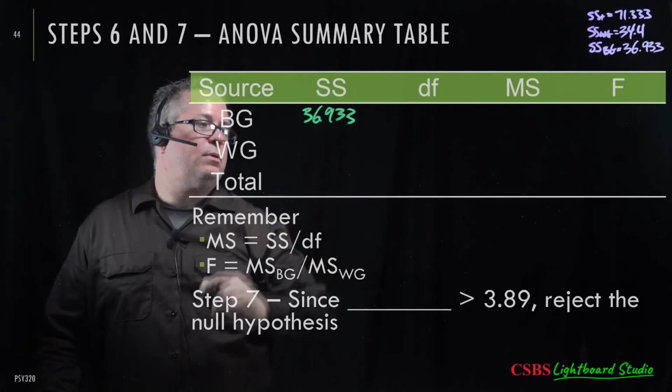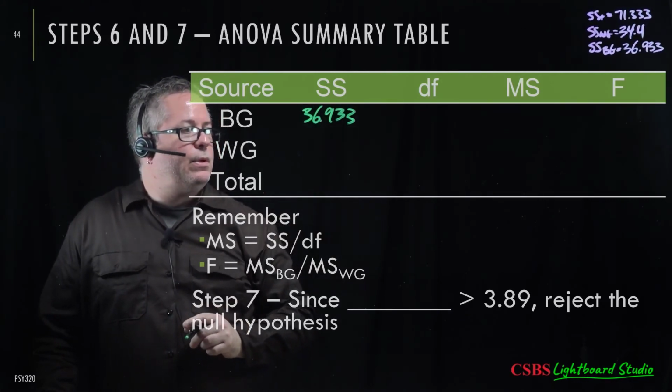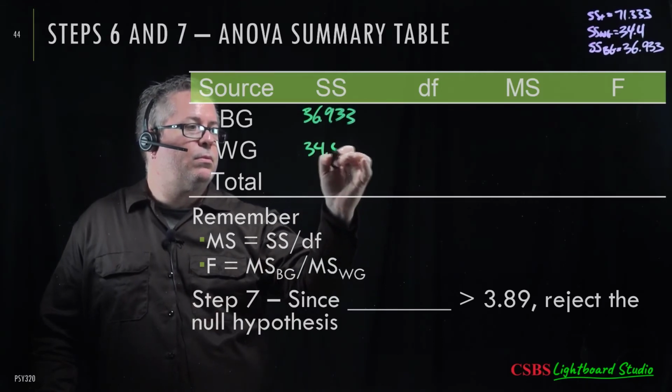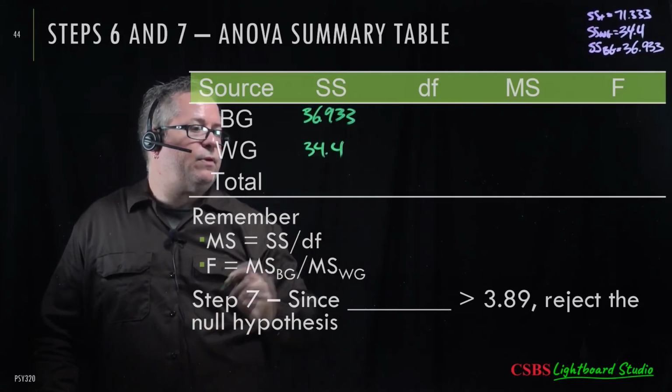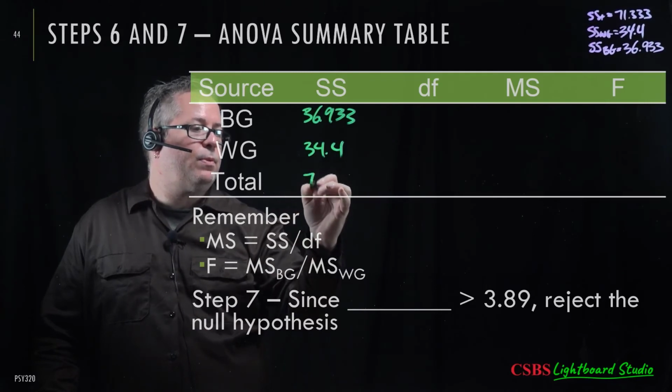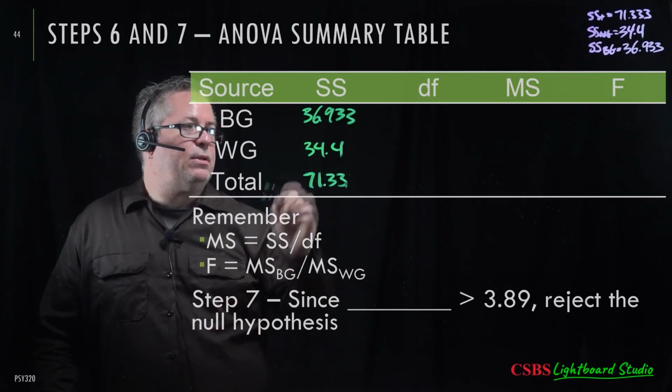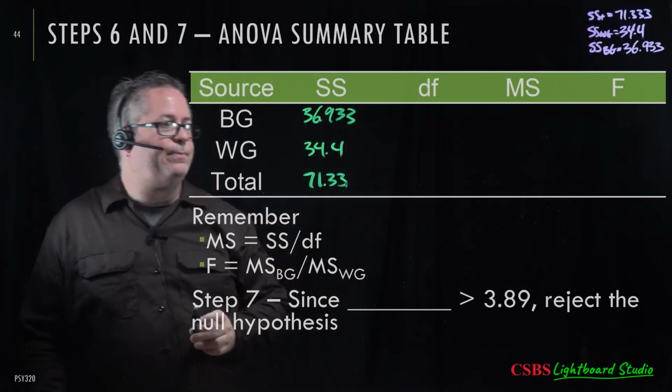Our within groups is 34.4. Our total is 71.333. We already checked that these two add up to that, so that's good.